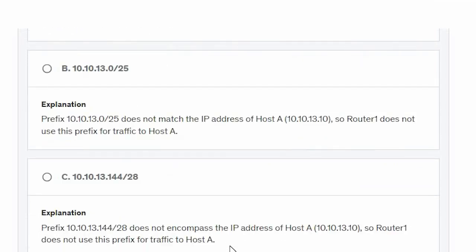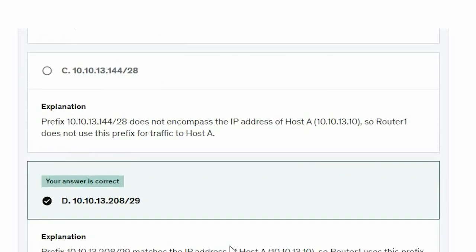Answer number 2. The prefix 10.10.13.0/25 does not match the IP address of host A, 10.10.13.10, so router 1 does not use this prefix for traffic to host A.